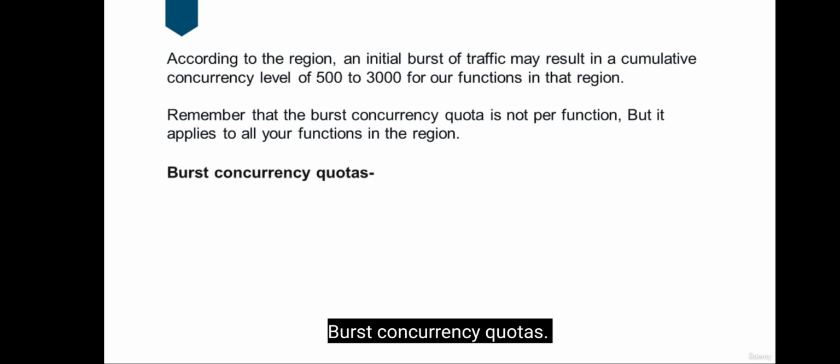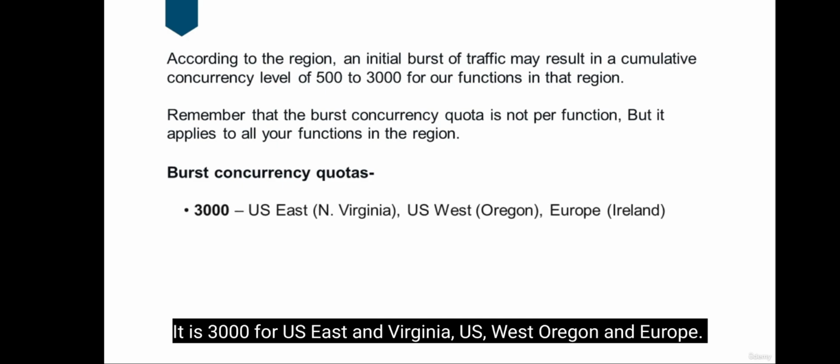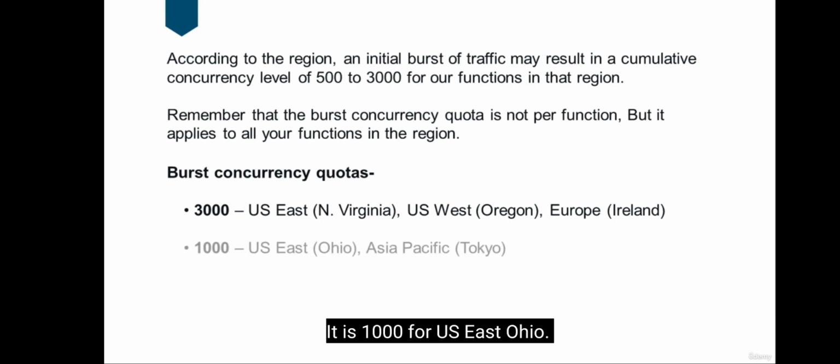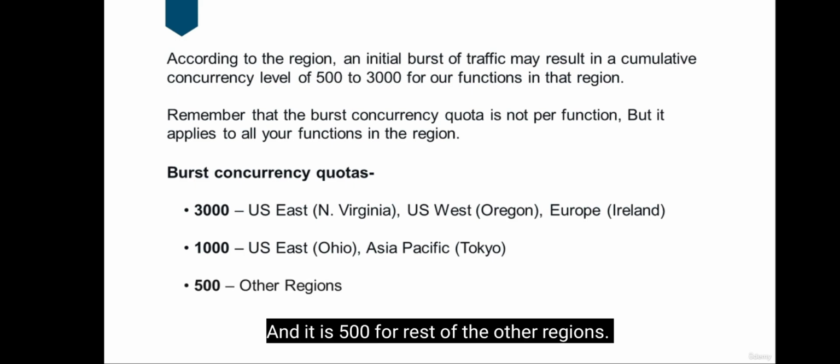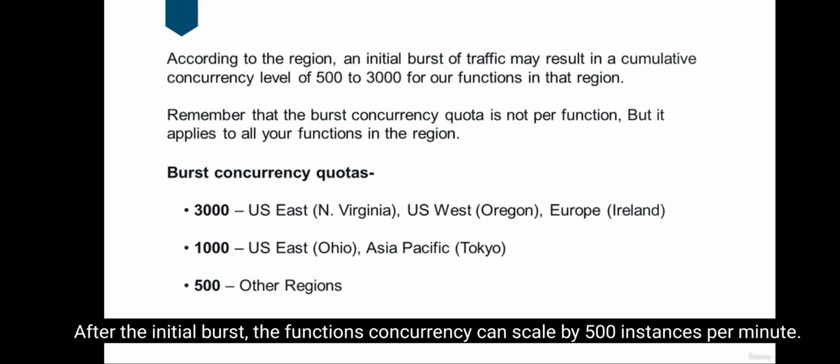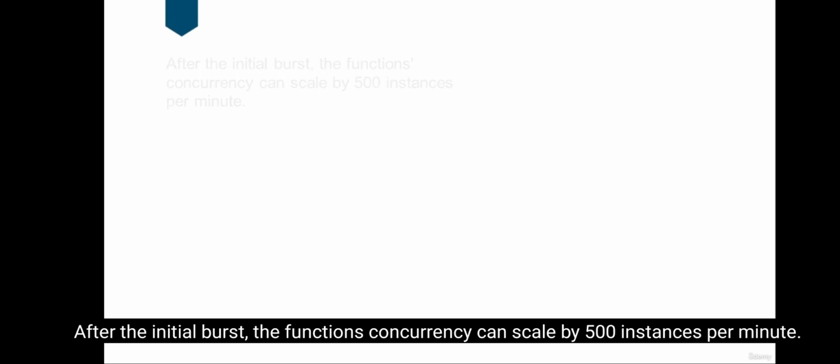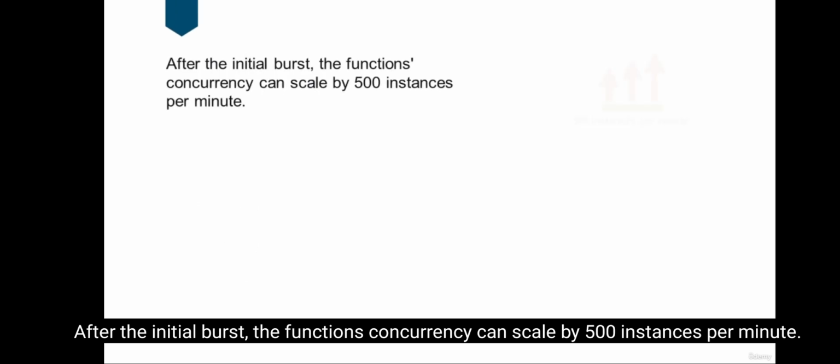Burst concurrency quotas: it is 3000 for US East Virginia, US West Oregon and Europe Ireland. It is 1000 for US East Ohio and Asia Pacific Tokyo. And it is 500 for the rest of the other regions. After the initial burst, the function's concurrency can scale by 500 instances per minute.